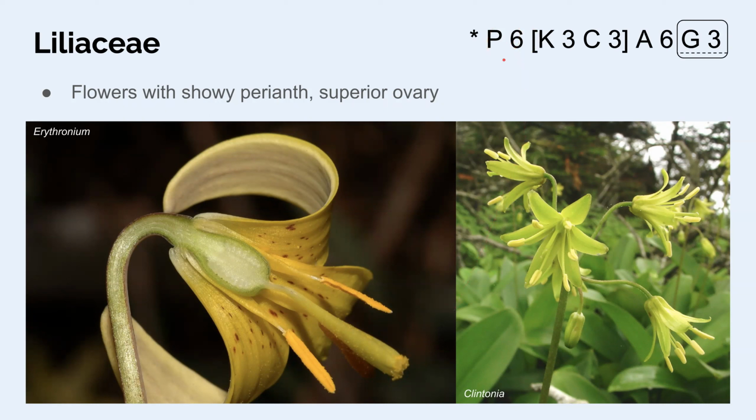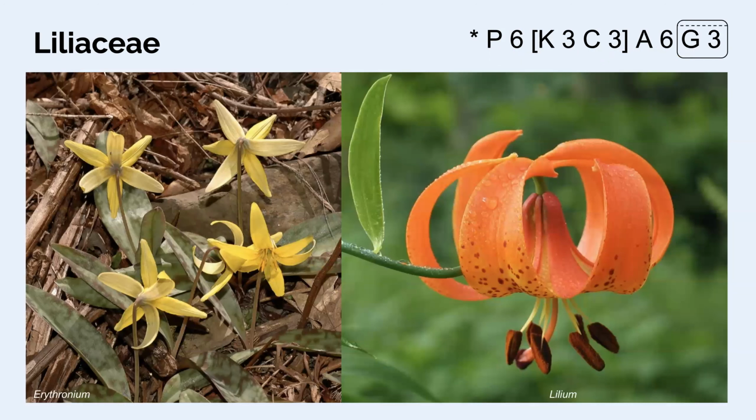So perianth of 6 parts, sometimes differentiated. I can't recall off the top of my head which members of this family have differentiated perianth. 6 stamens, 3 fused carpels in a superior ovary. And basically, I won't ask you to know those other families or to tell them apart from Liliaceae, but good to know this concept anyway.